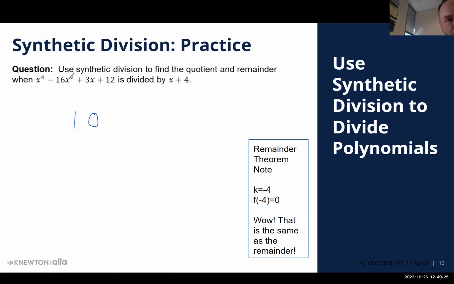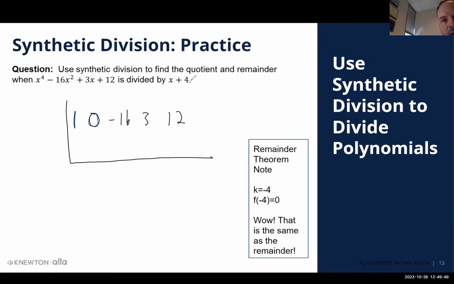So 1, 0. Then there's a second degree term, so that's going to be a minus 16. Then there's a 3, which is our linear term, and our 12. Then I'm going to make that divider there to help me do the division.